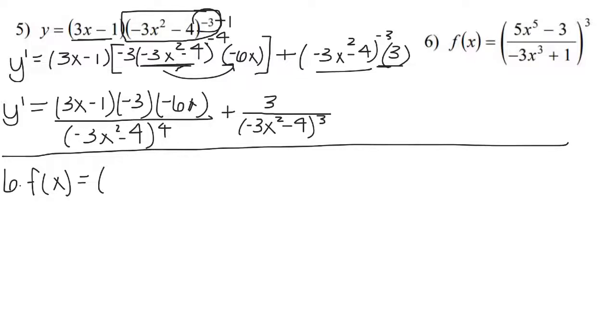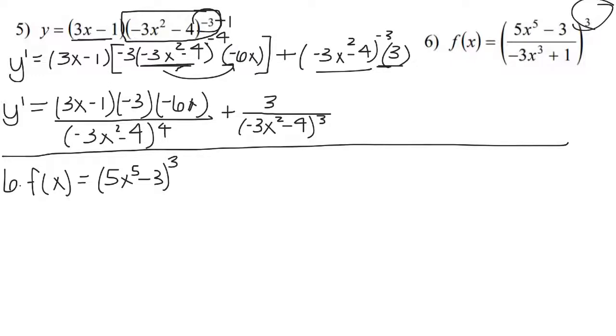You pick whichever way you feel most comfortable with doing. So you have 5x to the 5th minus 3. Since this is in parentheses, it's all raised to the 3rd power. That applies to both the numerator and denominator.